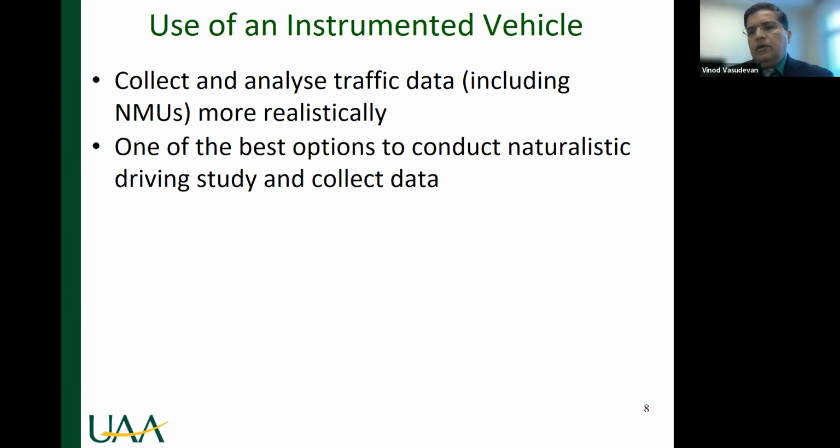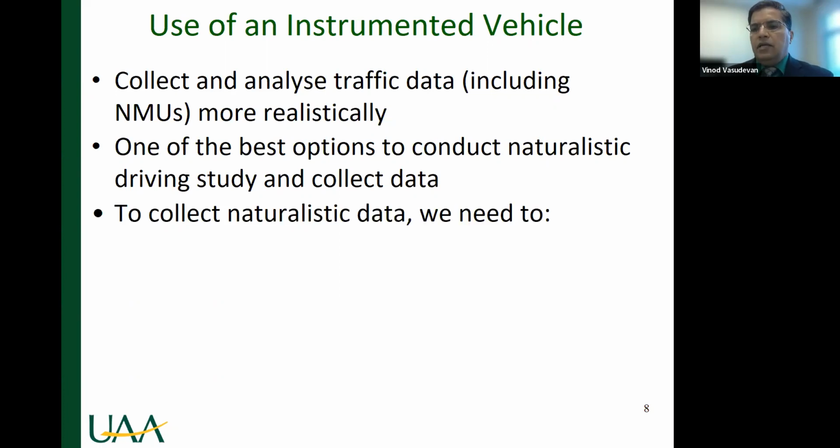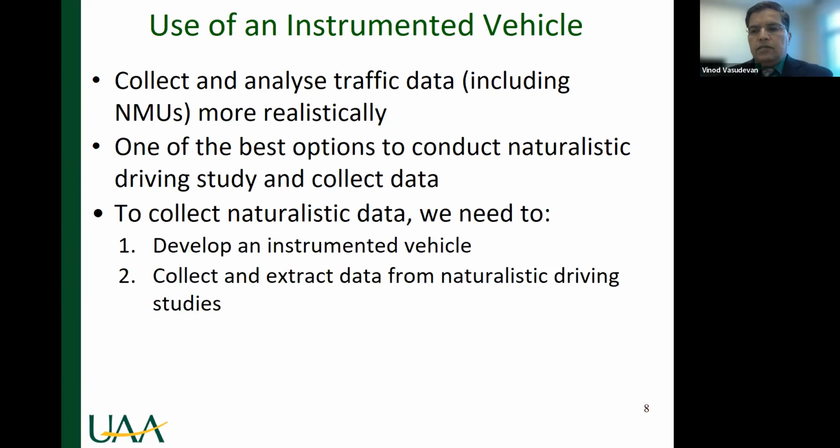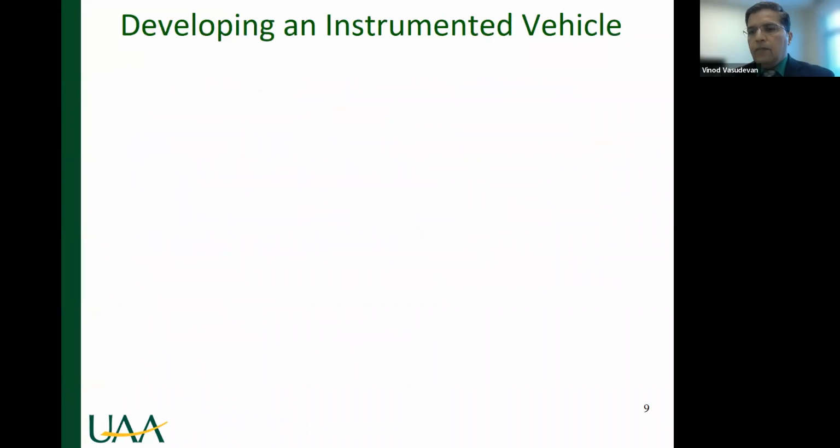Of course, you can collect some naturalistic data, but to collect the naturalistic data, we need to first develop an instrumented vehicle, collect and extract data from naturalistic driving studies, and analyze the data that you collected. Although developing an instrumented vehicle looks very tricky, it is not very difficult.